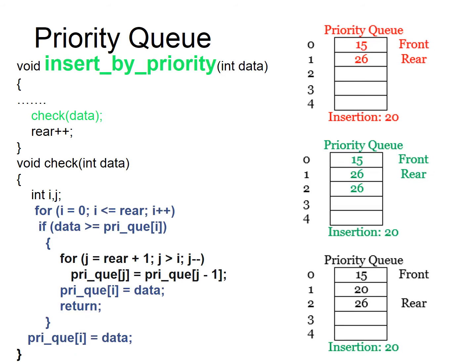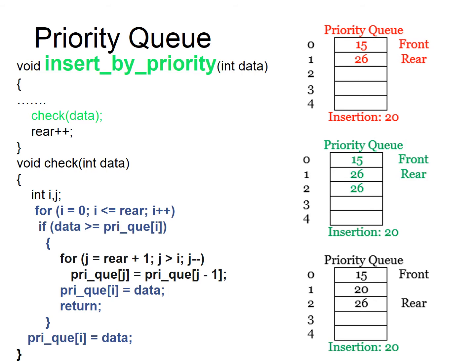After the insertion of 15 and 26, I am trying to insert 20. So the first for loop will find which position 20 is to be inserted in. It has to be inserted between 15 and 26. That means 20 has to be inserted in position 1. When the data value is greater than or equal to the priority queue element, we will enter the loop.